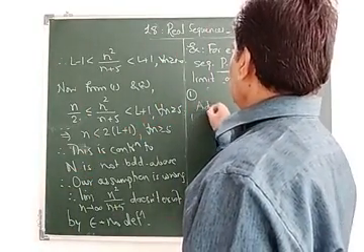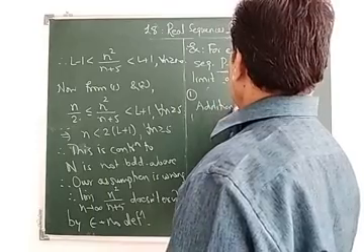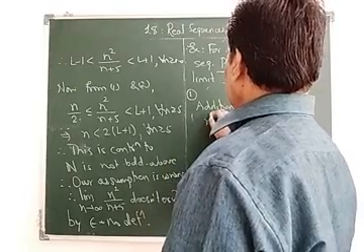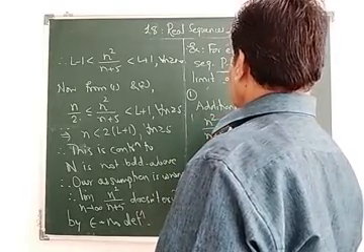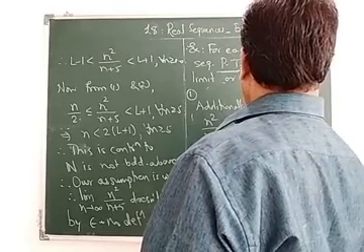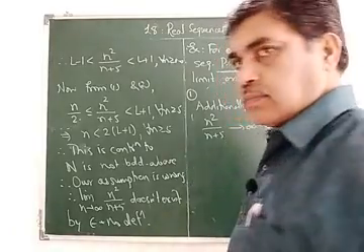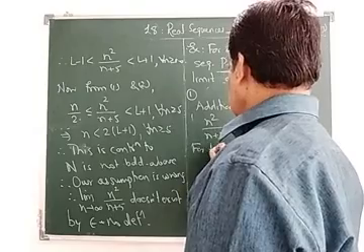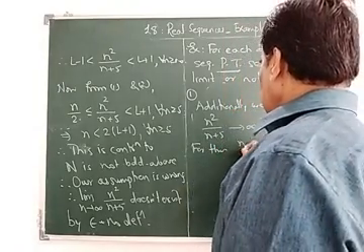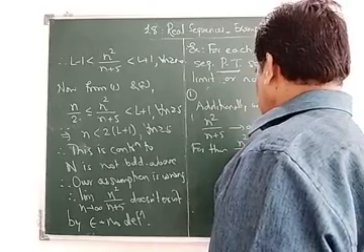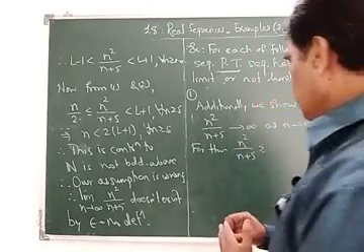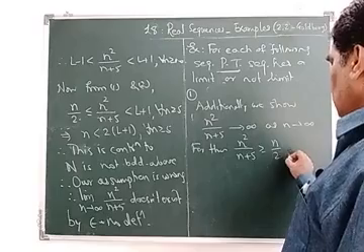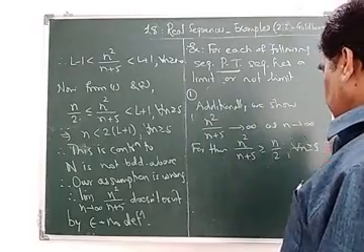Additionally, we show n square upon n plus 5 tends to infinity as n tends to infinity. So for this, n square upon n plus 5 is greater equal, just now we have proved it is greater equal n by 2 for every n greater equal 5.